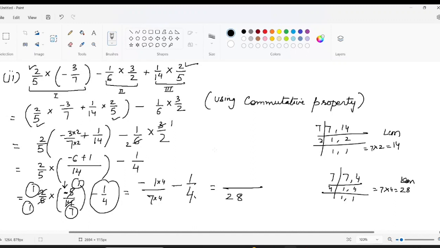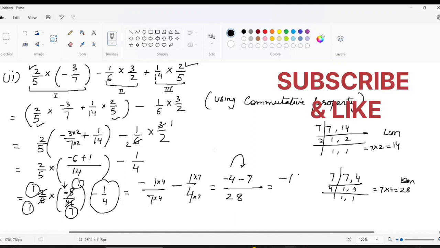In the denominator we have 4, so we will multiply it by 7. So 7 fours are 28 and 4 minus 1, so minus 4 minus 7. Now minus minus will become plus, the integers. We have learnt it. So minus 7 plus 4 is 11 by 28, which is the answer.